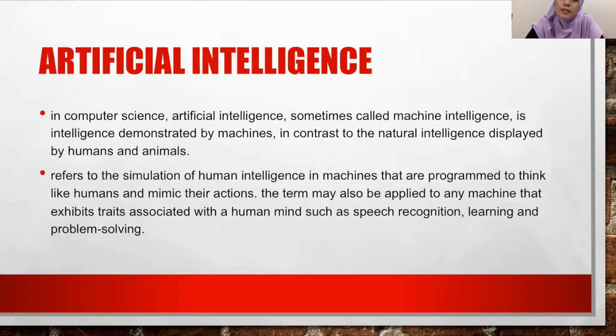So in computer science, artificial intelligence, sometimes called machine intelligence, all right? As you can see, when we talk about semantic web, the focus is machine. When we talk about the social web, the focus was users. In the semantic web, the users have provided all the information.